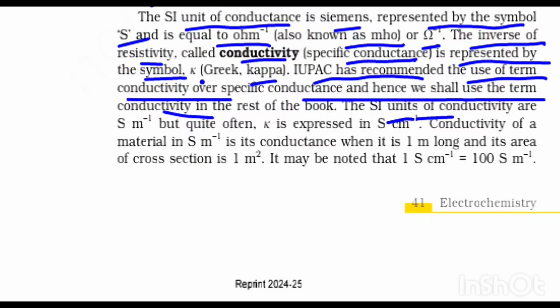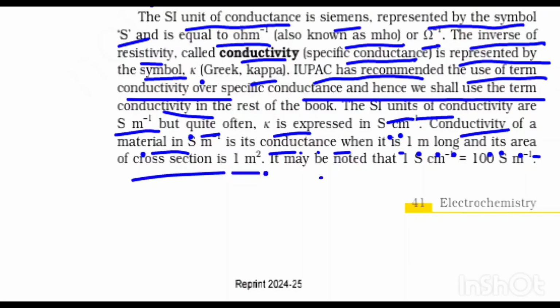The SI unit of conductivity is S per meter, but quite often kappa is expressed in S per centimeter. Conductivity of a material in S per meter is its conductance when it is 1 meter long and its area of cross section is 1 meter square. It may be noted that 1 S per centimeter is equal to 100 S per meter.